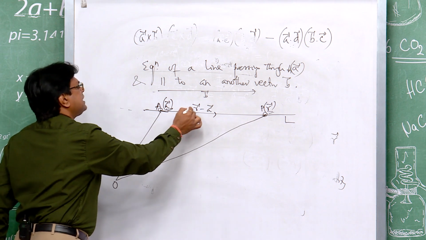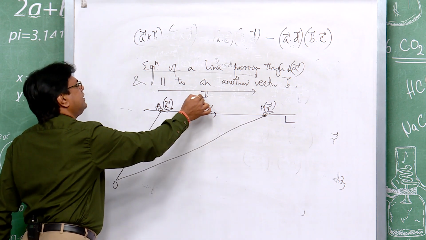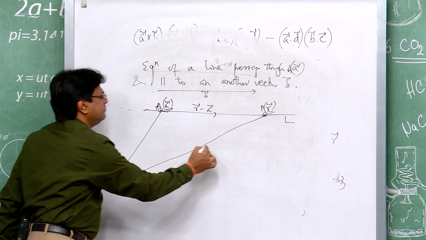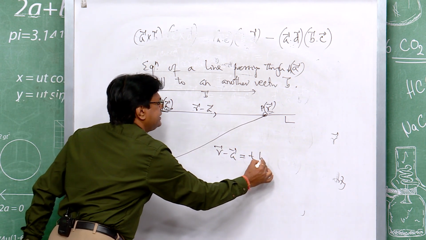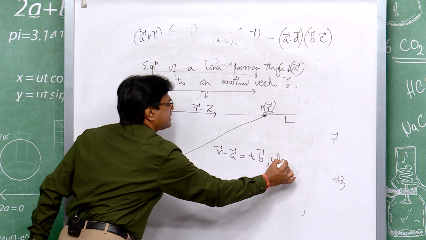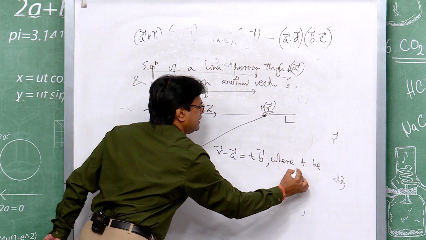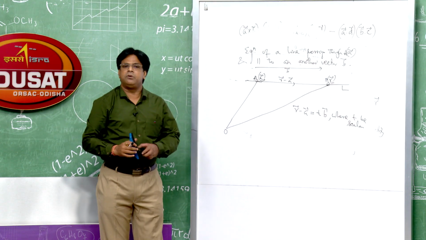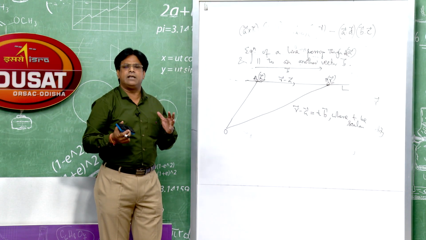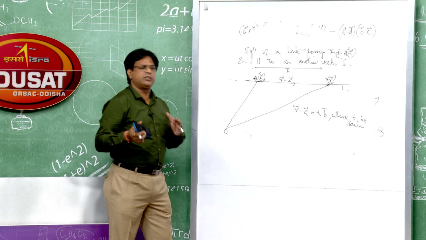So, for the equation of this line, this vector r minus A is parallel to vector B. That is why r minus A is equal to t into B, where t is a scalar, because we know that two vectors are said to be parallel if one of the vectors can be expressed as some scalar multiple of the other vector.